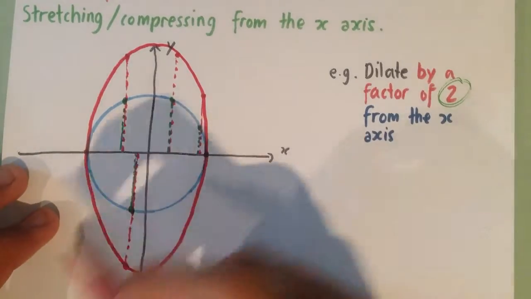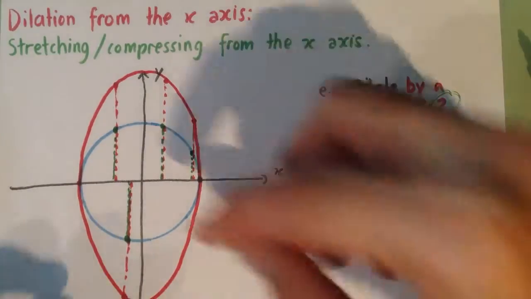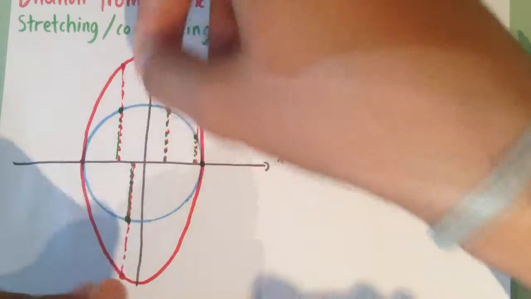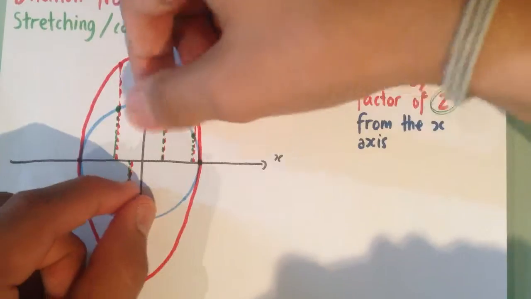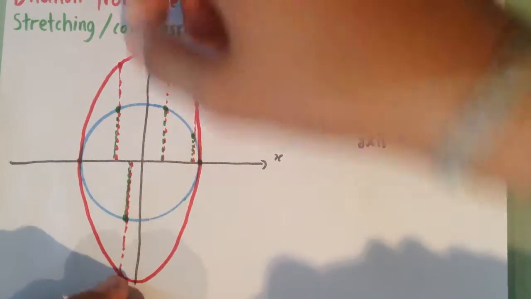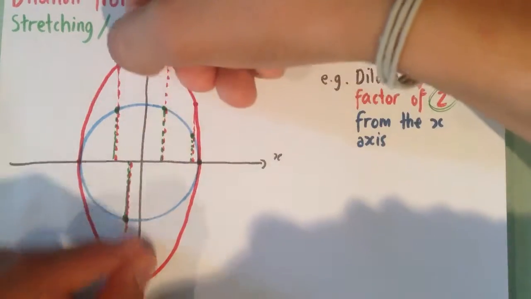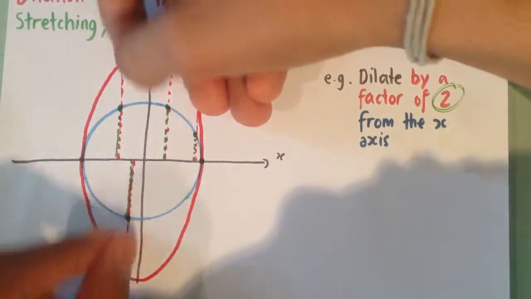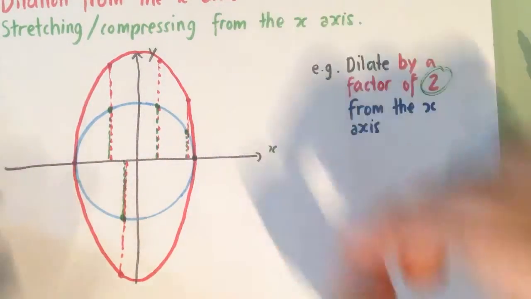Okay, it's not perfect, but basically what we've done is we've stretched it twice. We've doubled the distance from the x-axis this way. So we've stretched it this way until it's sort of double the length. Okay, so that's why a dilation factor of 2 means double the length from the x-axis. We're stretching it this way. If it was from the y-axis, we would be stretching it that way, but we'll see more examples of that further on.